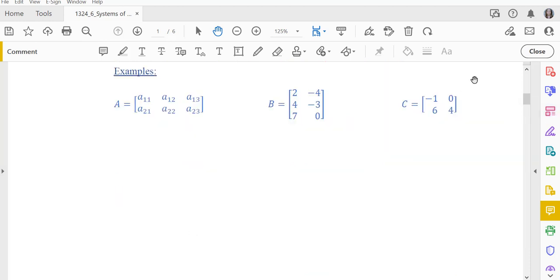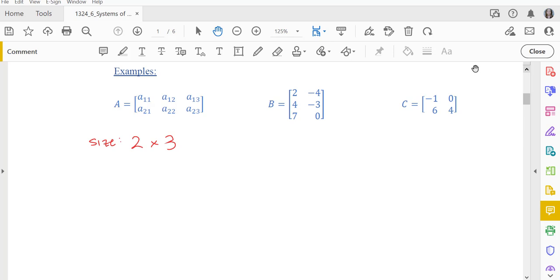Let's look at some specific examples of matrices. Okay, matrix A. The size of matrix A: there are 2 rows and 3 columns. So it's a 2 by 3 matrix. What about matrix B?